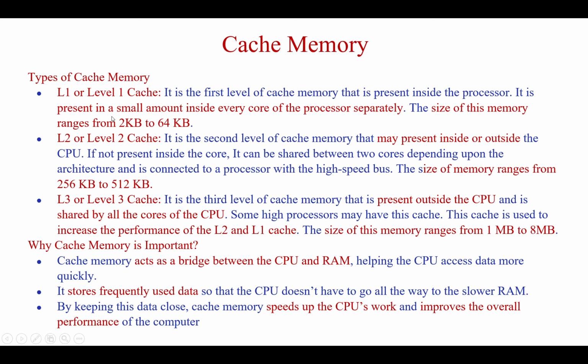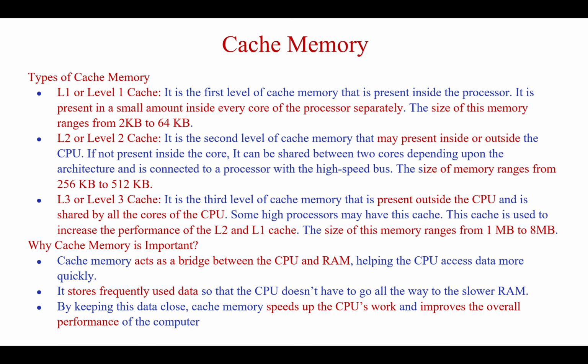The size of L1 cache is 2 KB to 64 KB. L2, or level 2 cache, is somewhat larger and slower than L1, possibly shared or per core. The size of L2 cache is 256 KB to 512 KB.